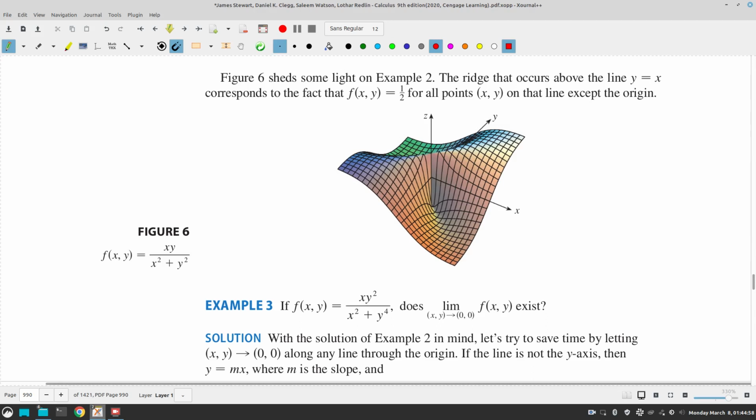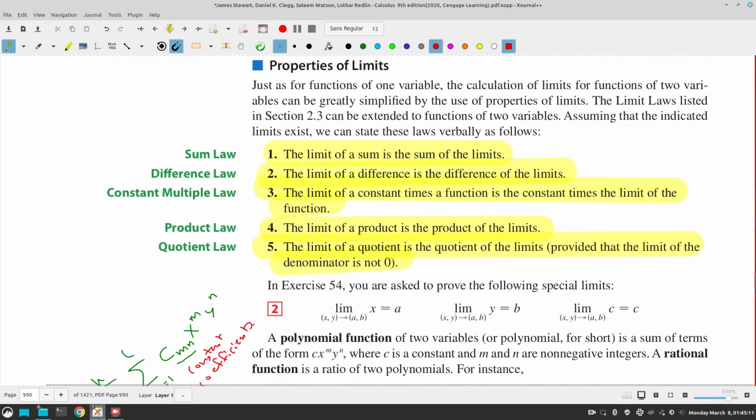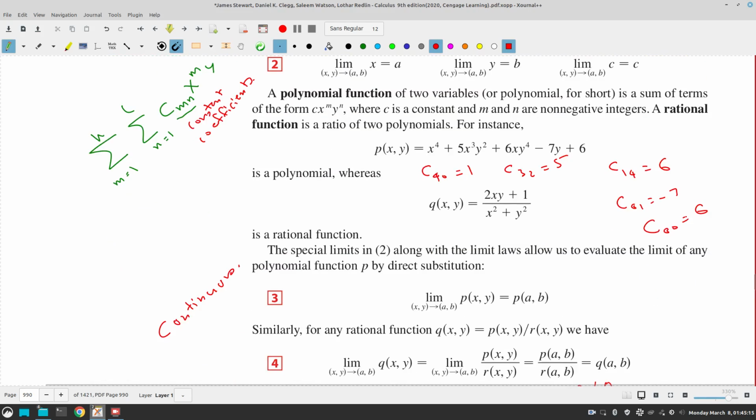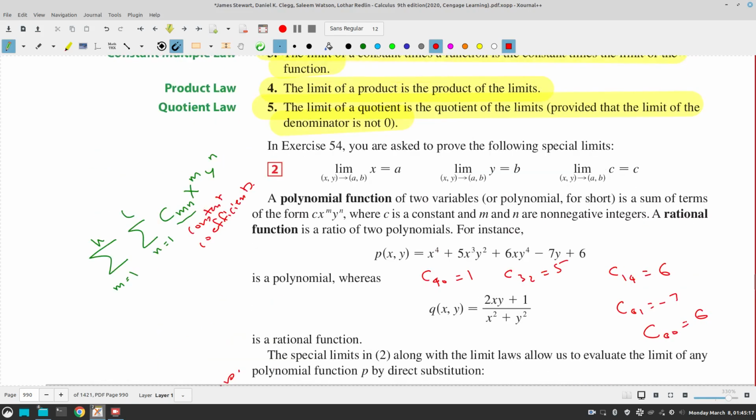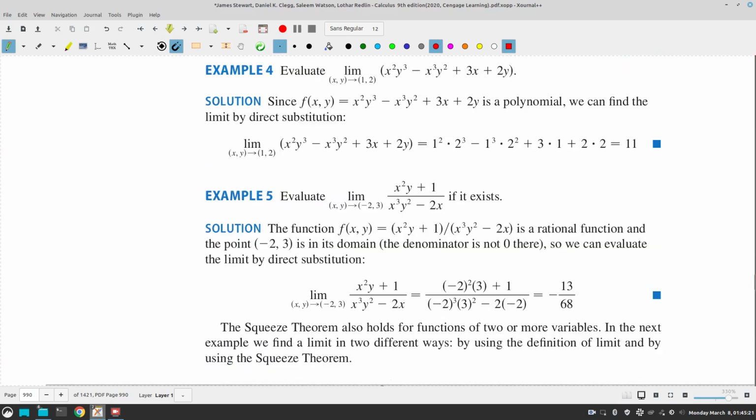Why can't we just evaluate this by plugging in x equals 0 and y equals 0? That's because if x equals 0 and y equals 0, the denominator becomes 0, and for us to be able to use these rules for rational functions, the denominator cannot be 0.